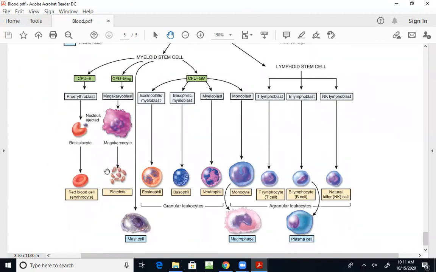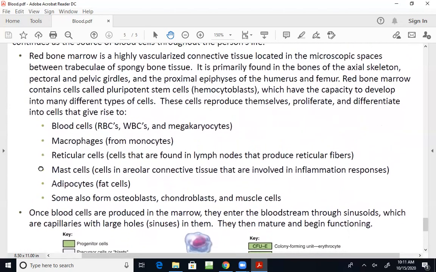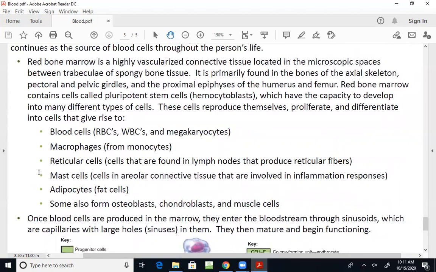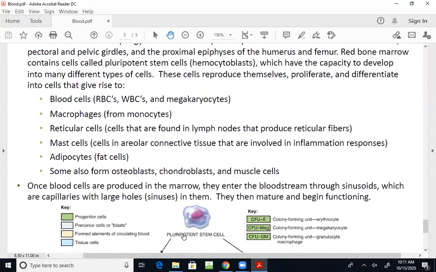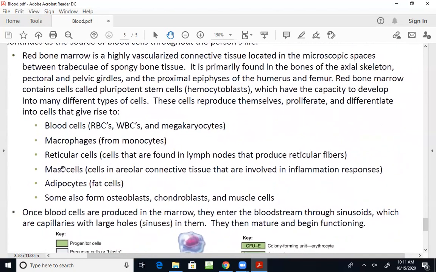All those different cells that we just talked about: red blood cells, platelets, all the different white blood cells, plasma cells that come from the B lymphocytes and end up producing antibodies, macrophages, the Pac-Man cells formed from monocytes, and mast cells, which are produced originally from that original stem cell. Mast cells are found in areolar connective tissue and are involved in inflammation.